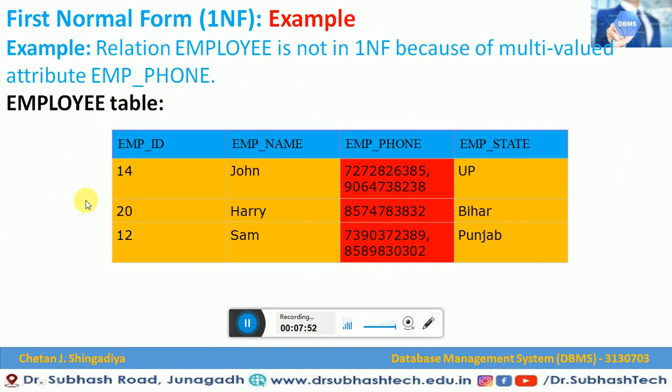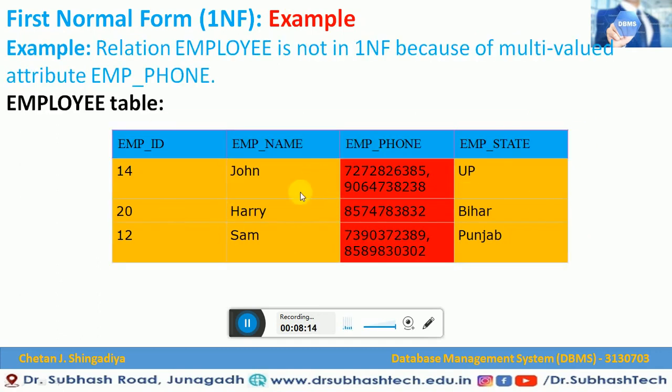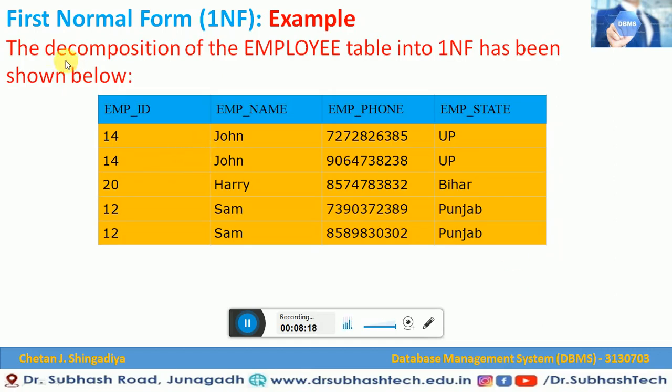Now we have to understand how, if a particular table is not in first normal form, we can convert it into first normal form. In our previous example, the table is not in first normal form, so we have to decompose our table.